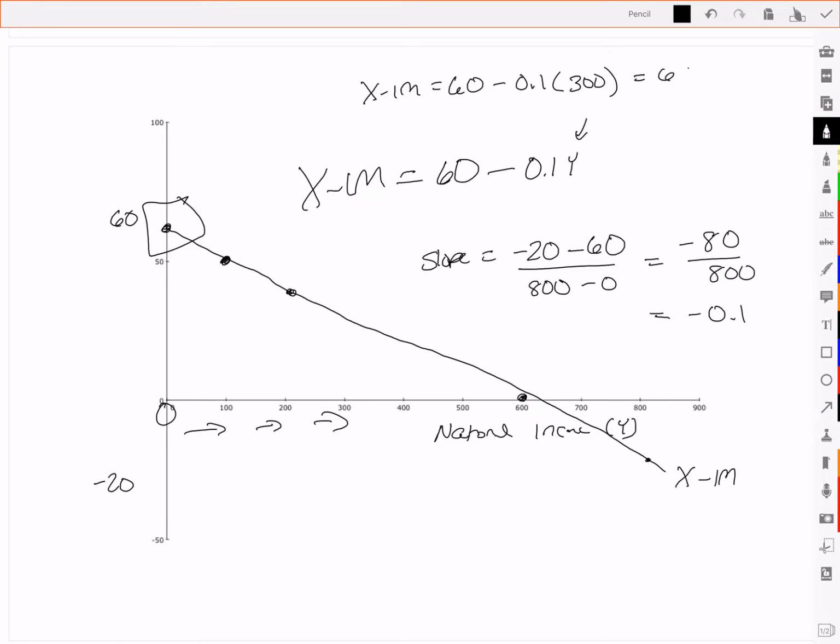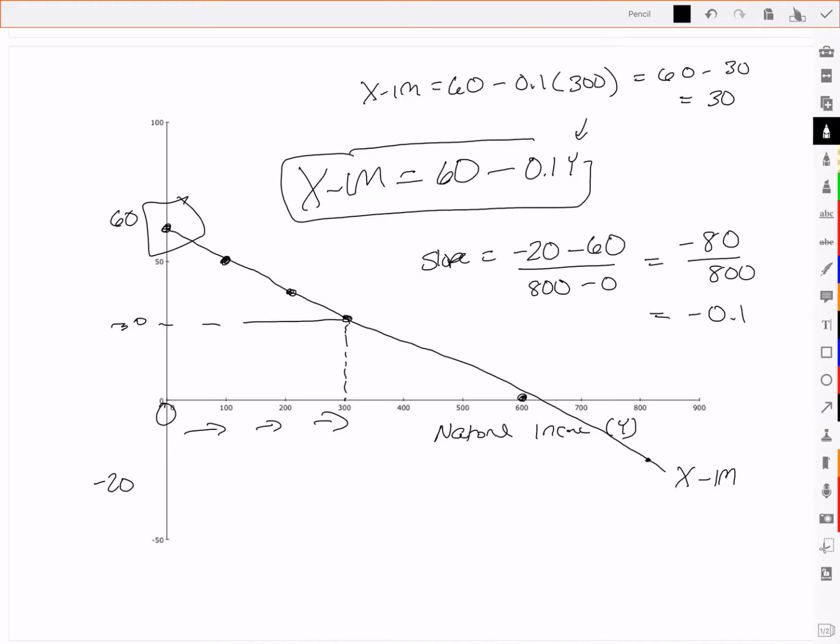So we get 60 minus 30. And we find the net exports when our income is 300, net exports are 30. So the net exports formula then is x minus im is equal to 60 minus 0.1 y. And that y, of course, is a placeholder for any income level.